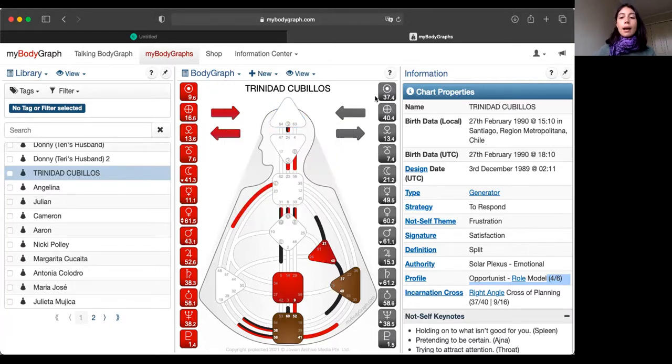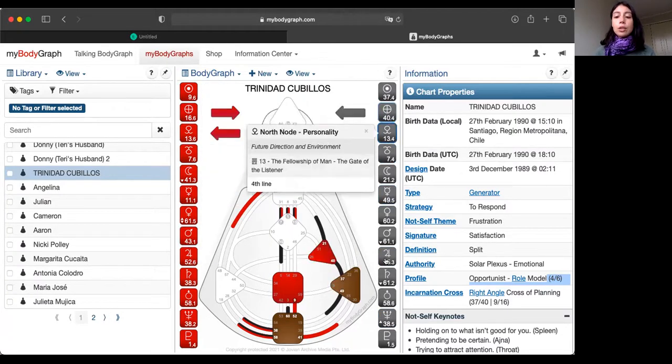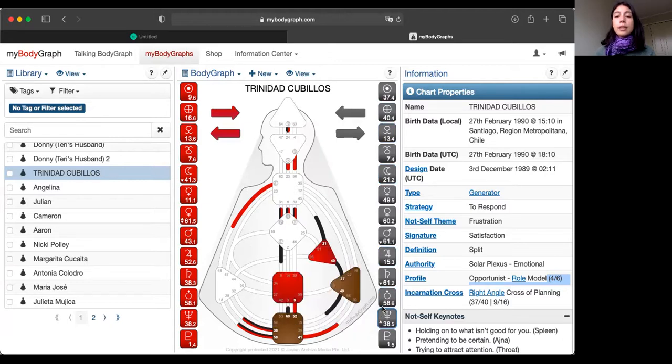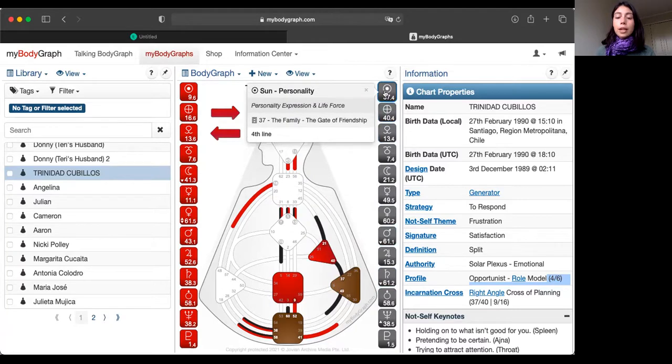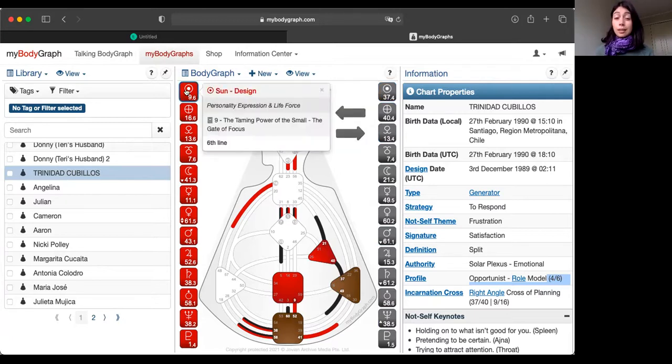And then we have all the gates listed on different sides of the chart. This side of the chart, which is usually in black or darker, is going to be the conscious aspect, the personality aspect. We call it the personality. It's the conscious aspect, okay? And this red part is called the design, and it's more unconscious.